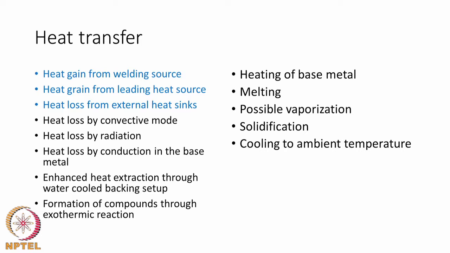And then eventually when the torch moves ahead, the liquid melt will solidify to form the solid material behind the torch, and then eventually that gets cooled to the ambient temperature. So, this is a cycle where the heat is given so that the material is heated up and then cooled back to the ambient temperature, and these are dependent on the heat source very crucially, and therefore, understanding the heat source in depth is important.